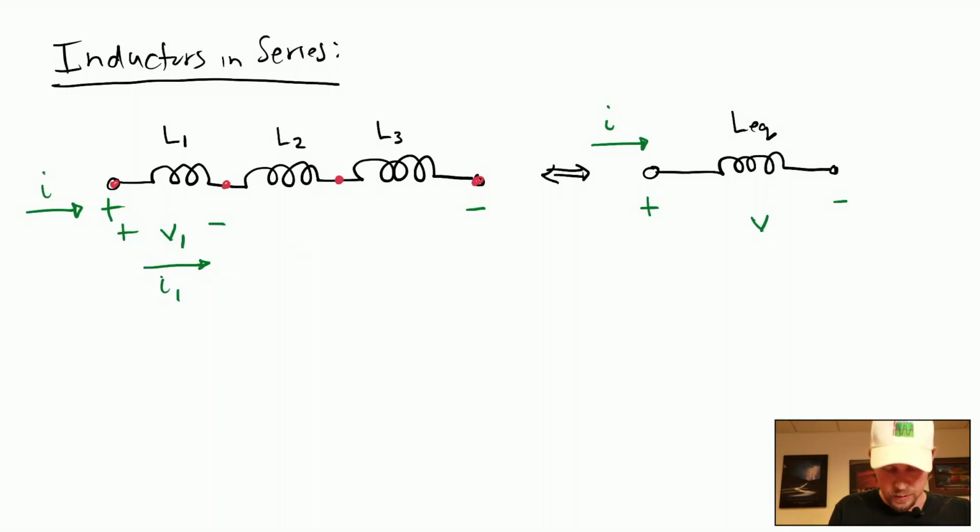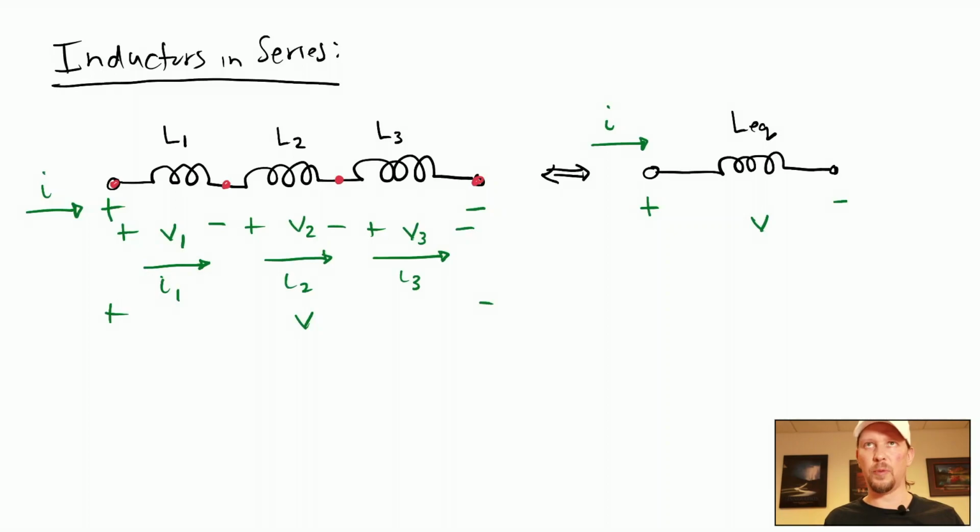For the second inductor L2, there's going to be V2 across it and I2 flowing through it. And lastly, for the third inductor, you guessed it, there's V3 volts across it and I3 flowing through it. And remember that the total voltage across the entire network of inductors is V.